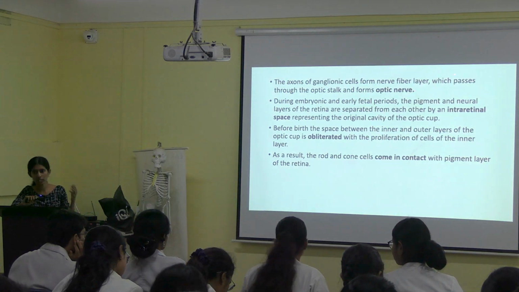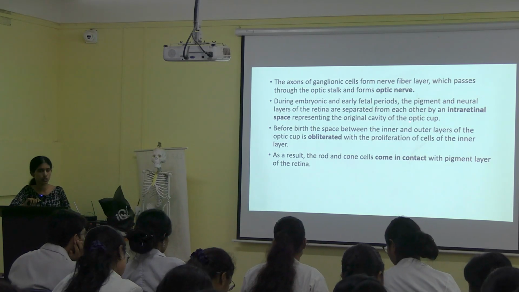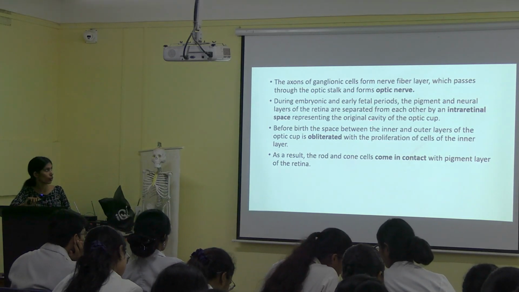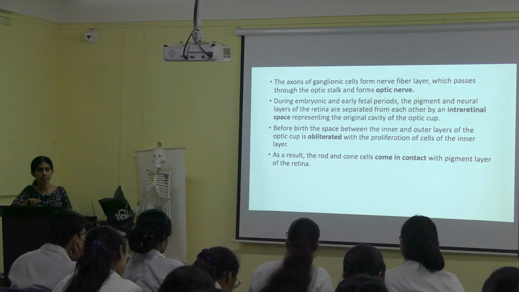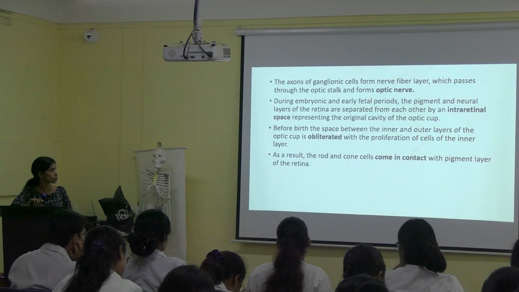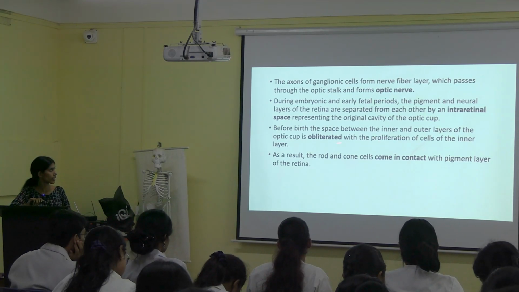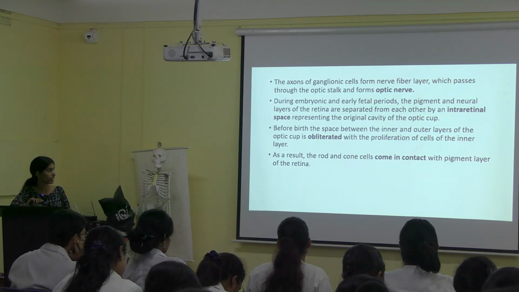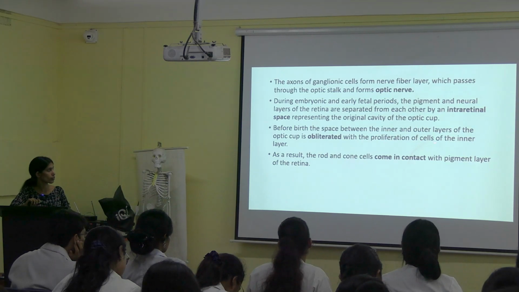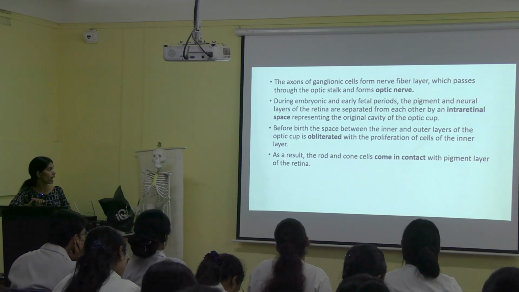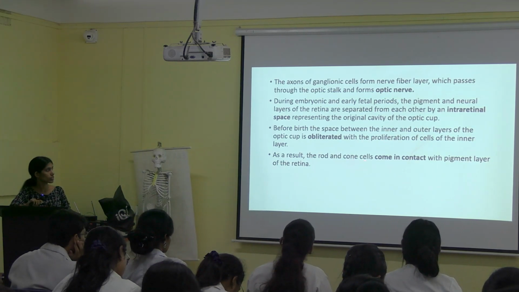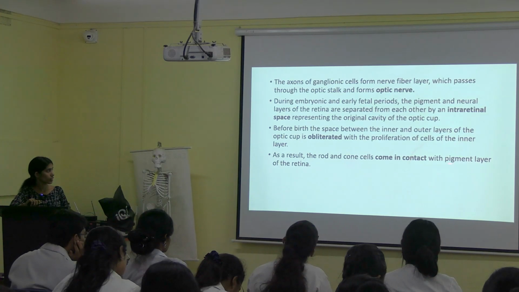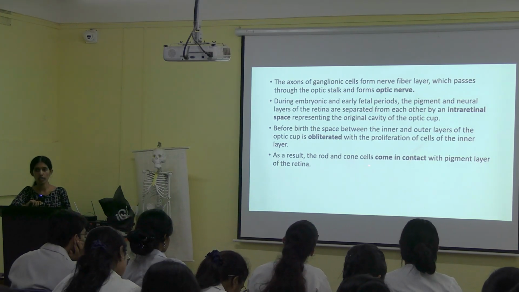Intraretinal space, optic nerve, everything I will discuss in the next session, okay? It represents the original cavity of the optic cup. Before birth, the space between the inner and outer layers of the optic cup is obliterated with the proliferation of cells in the inner layer. As a result, the rod and cone cells come in contact with the pigment cell layer of your retina.